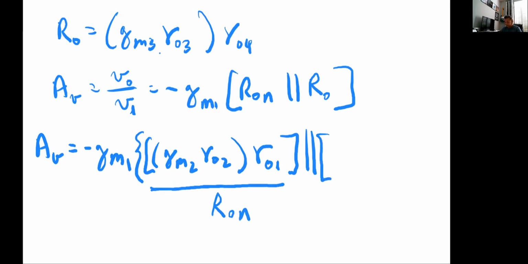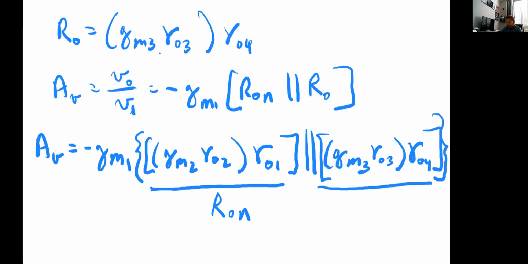And this is very symmetrical and very elegant, actually. And here you have the P-channel output resistance that involves the cascoding effect of the two top P channels, Q3 and Q4. Okay.